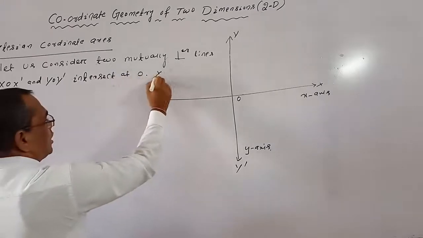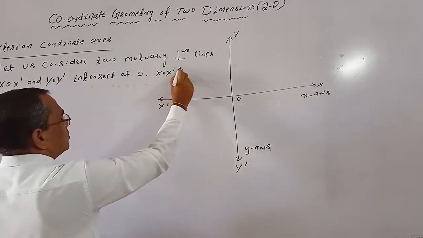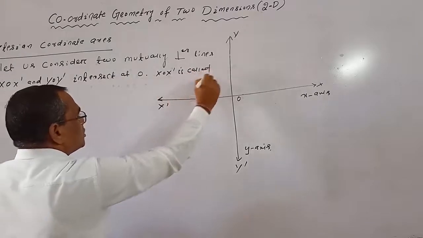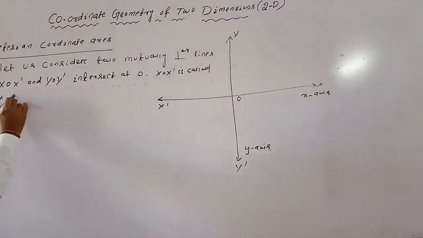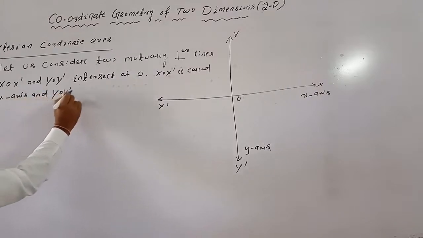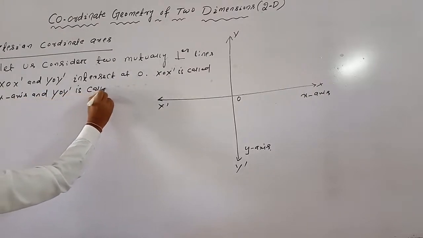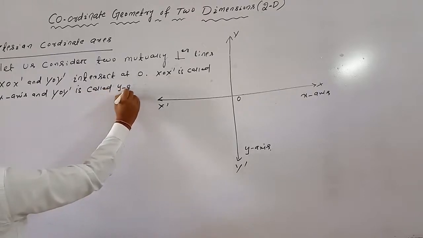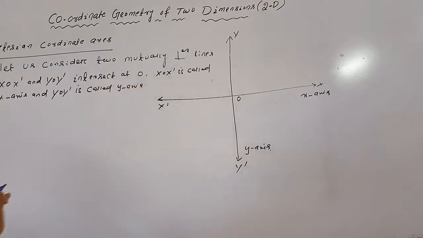Okay, x o x dash is called x-axis and y o y dash is called y-axis. This vertical line is y-axis, horizontal line is x-axis.